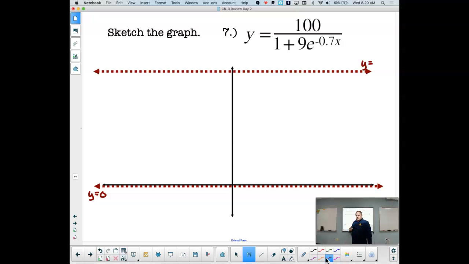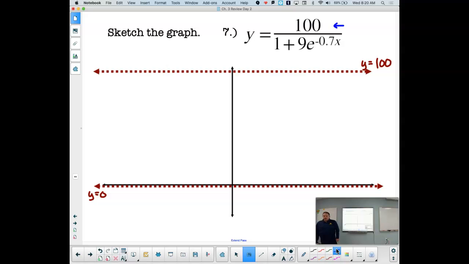Anybody? Carson, what do you got? Y equals 100. Nice job. That upper horizontal asymptote is our limit to growth.